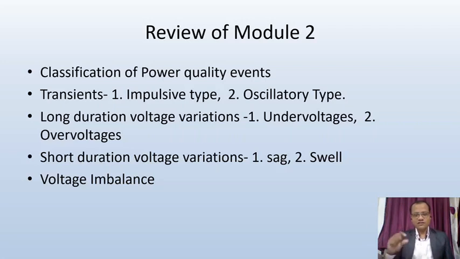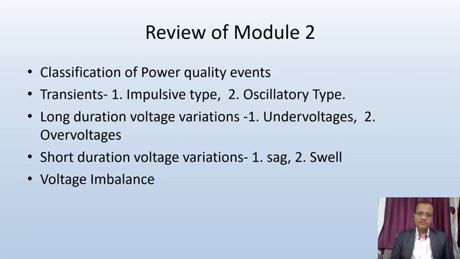There is very little difference between them: impulsive transients appear on any one side of the waveform, that is positive or negative, but oscillatory transients occur on both sides of the waveform, both polarities, positive and negative.